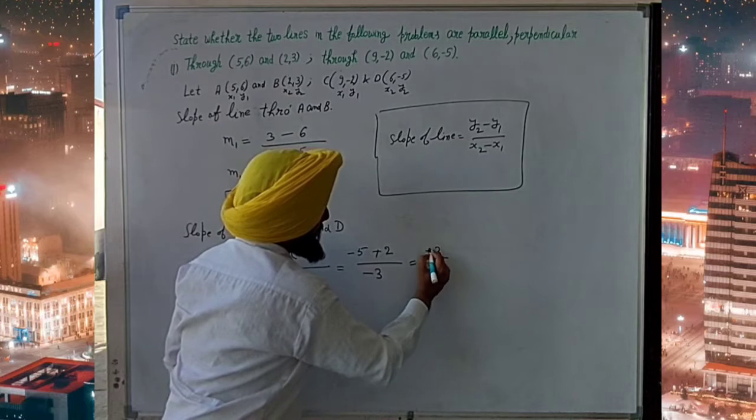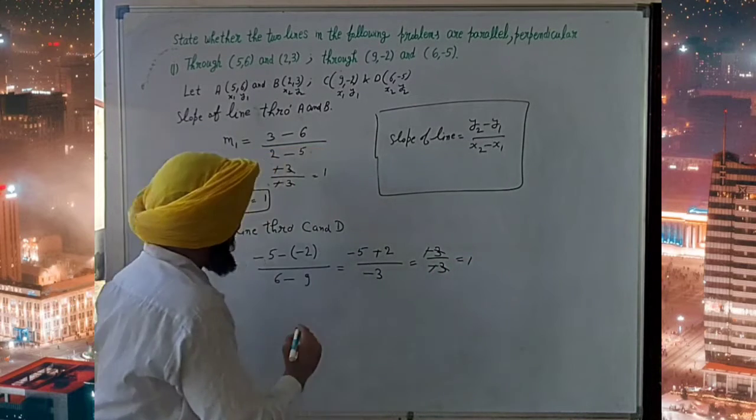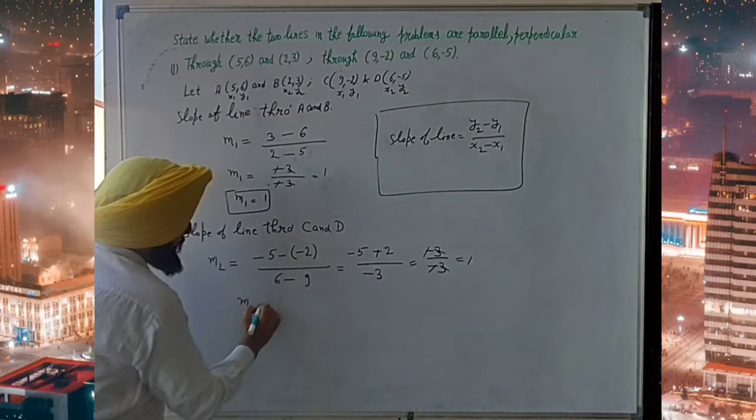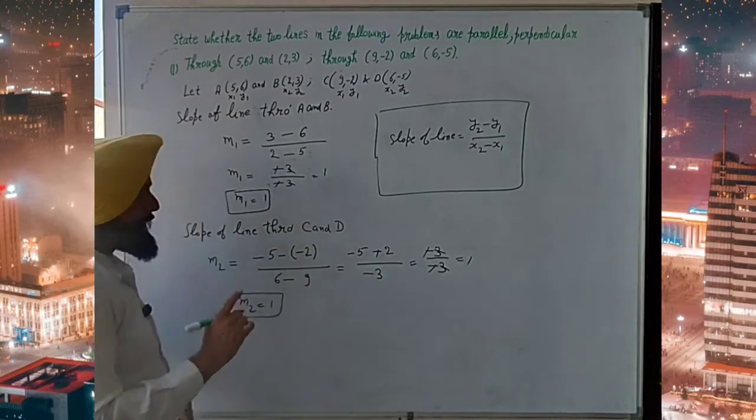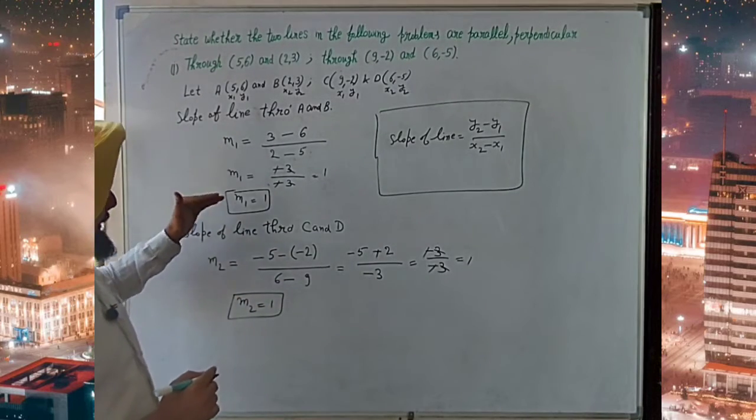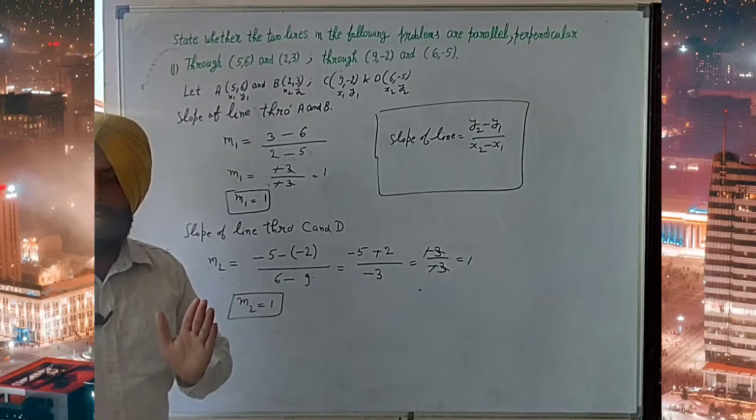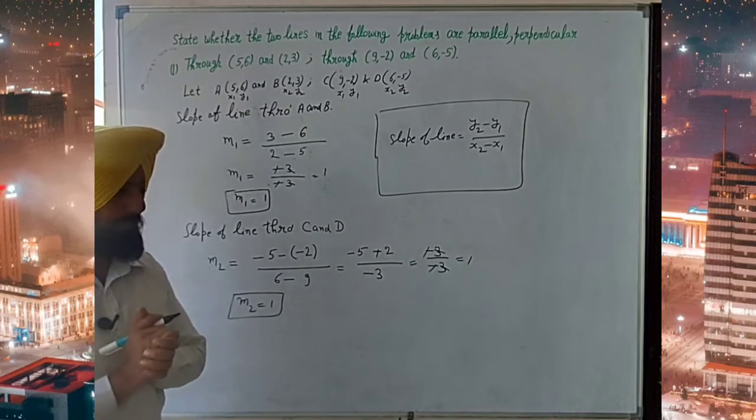-3 over -3 cancel, so M2 equal to 1. Now M1 and M2 have same result, that is 1.